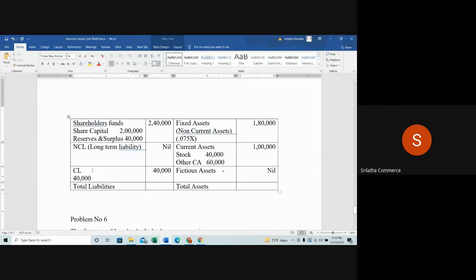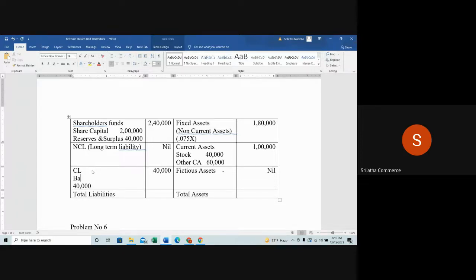In current liabilities, bank overdraft is 10,000, as he had given. So other current liabilities will be 30,000.